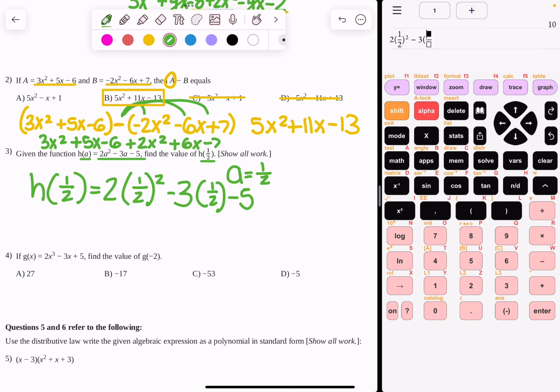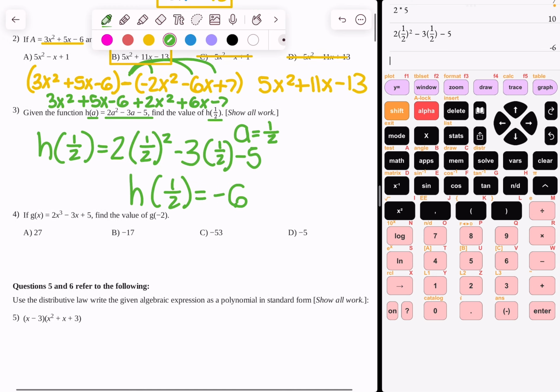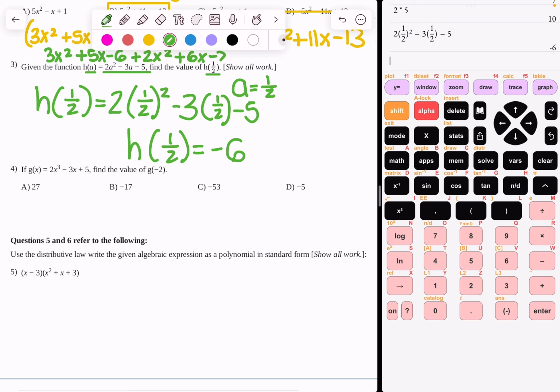Okay, I meant to put parentheses 1/2 minus 5. And that gives me negative 6. So h of 1/2 equals negative 6. Let me just make sure I typed that in correctly. A is 1/2 squared minus 3, 1/2 minus 5. Yes. All right, 4 is very similar.